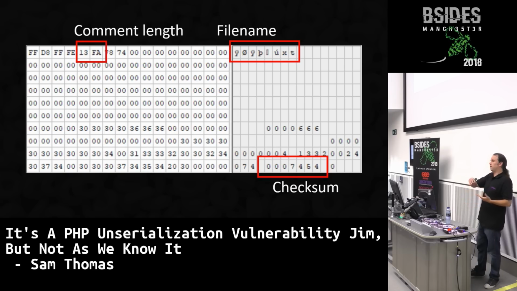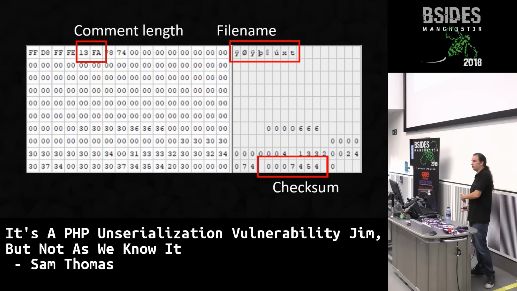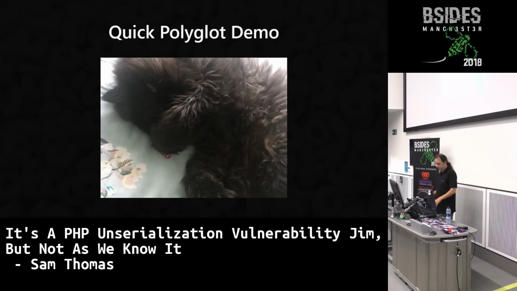Now we can set that length to encompass the whole of the archive, and then just carry on a JPEG file afterwards. And because we've got those 1024 null bytes, the PHP, when it's dealing with the archive, will ignore everything after that, and something dealing with the image will see the archive essentially as a comment and everything else as the image.